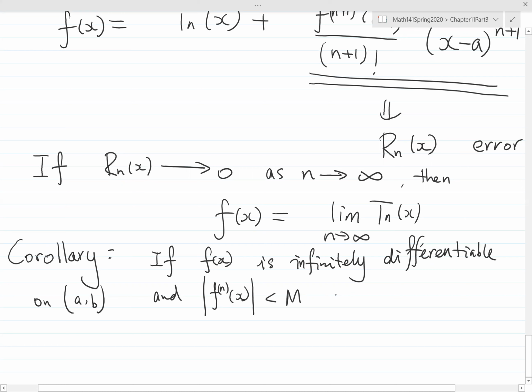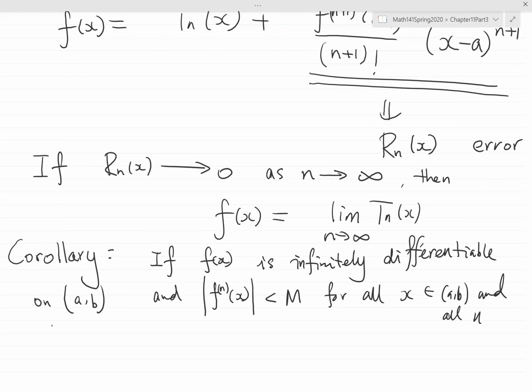So it's uniformly bounded: for all n and all x values, they are bounded by L. Here the x value is in a finite interval.